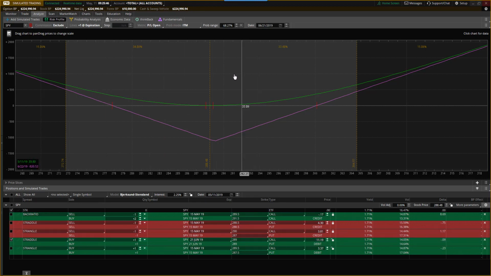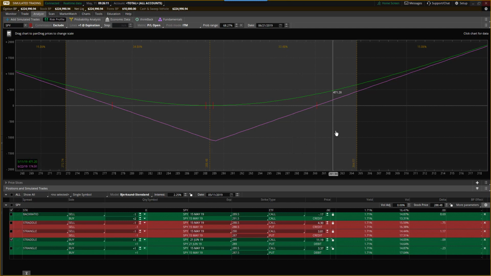All the area here in gray is the expected move. 68.27% of all movement within SPY between now and June 21 will be in this area. Now, can it break above? Oh, yes, absolutely. Stocks break their deviation all the time, and this is one standard deviation in price movement.